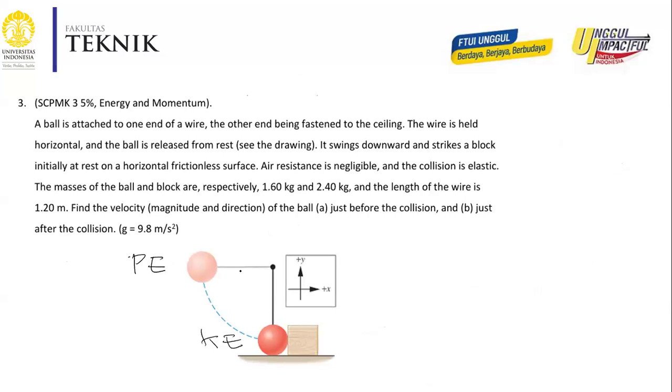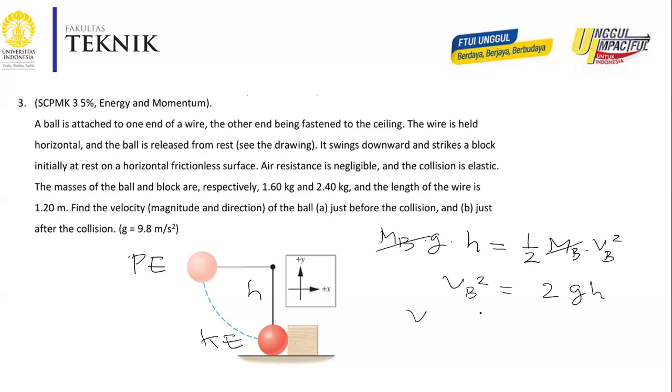Potential energy is mgh, so the mass of the ball times g times h is equal to half the mass of the ball times VB squared. So we get that VB squared is equal to 2gh, or VB is the square root of 2gh.